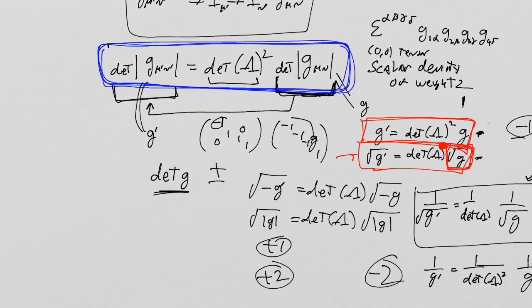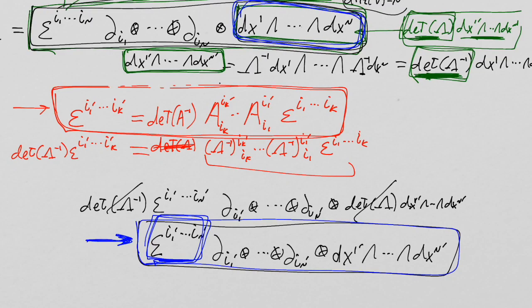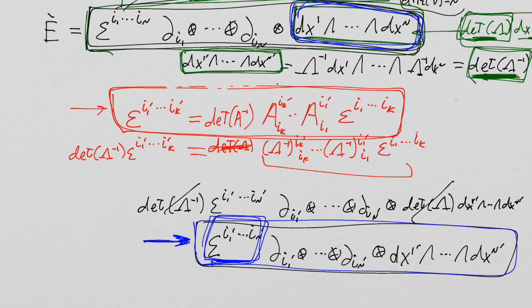Let me see if I can find it still. We used it right here, right? That's this rule here, but we applied it backwards, in the sense that we replaced A with the contravariant matrices. Now we're replacing A with the covariant matrices, so you'll get an inverse in the front, right?